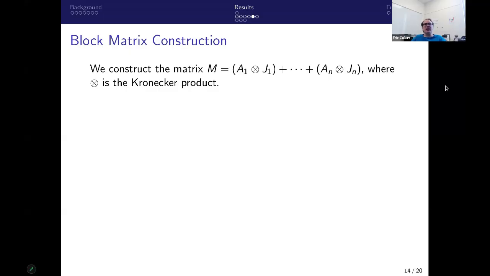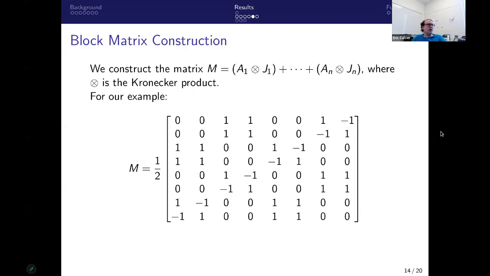But essentially, where I have a 1 in one of the A matrices, I'm going to put in a J matrix. That is essentially what the Kronecker product is doing: replacing ones in an A matrix with a block of the J matrix.